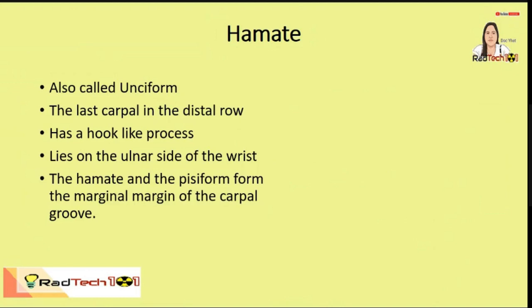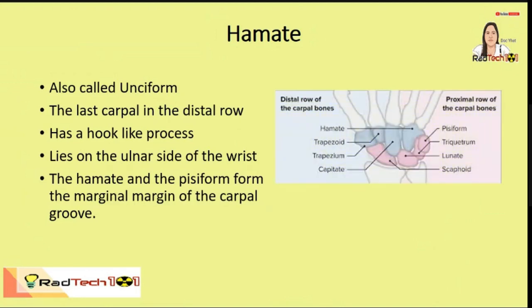It lies on the ulnar side of the wrist. Siya sa ulnar side. So we have here the hamate sa ulnar side, pero hindi siya attached directly kasi naka-attach siya dito sa ating triquetrum. So ulnar side lang. The hamate and the pisiform form the margin of the carpal groove.